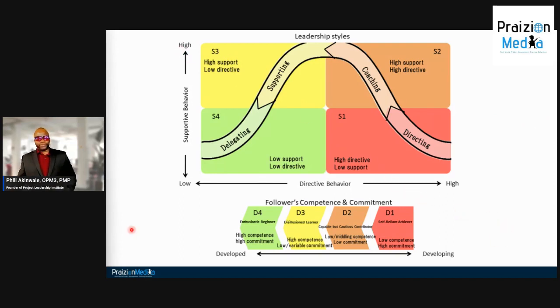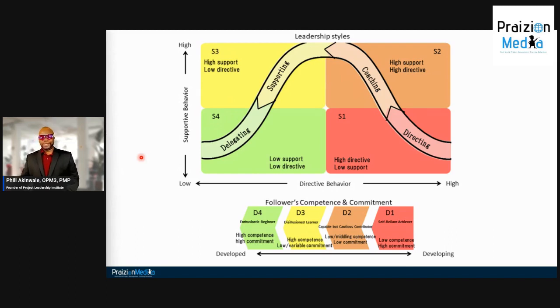So the summary of S3 is you could find yourself here in a new position. You've been in the company for a while, you know all the nuts and bolts of the firm, you've been for training for the new position, but you don't have enough confidence. Let's go to S4. S4 is called the delegating quadrant.